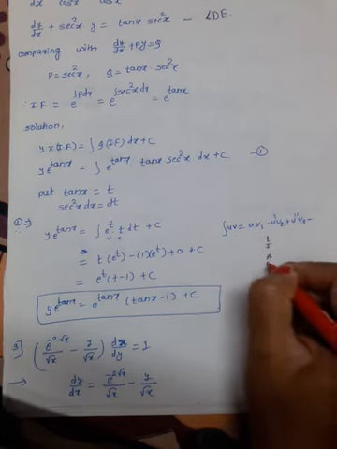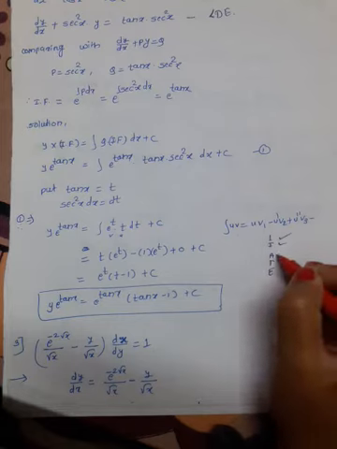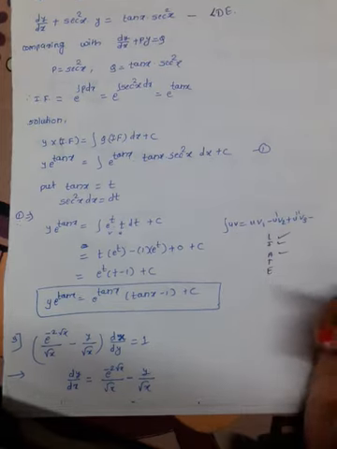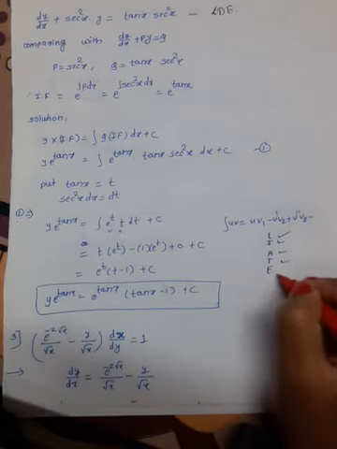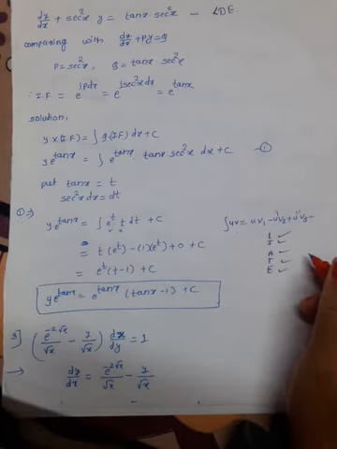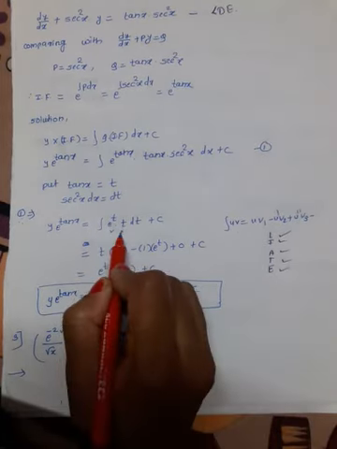By the LIATE rule. L is logarithmic, I is inverse function, sine inverse, cos inverse, like that. A is algebraic, x square, x cube, 1 by x square, like that. T is trigonometry, sine, cos, tan, anything. E is exponential, e raised to anything, or a raised to anything. E is the last one, that's why it is v, and this is u.